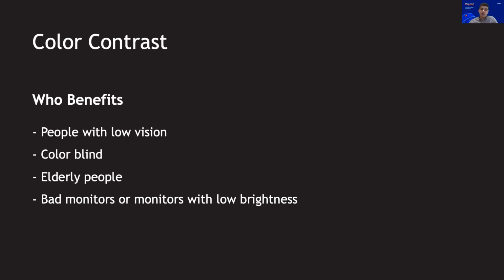It helps elderly people, who usually face age-related vision degradation, and also helps people who use a device with low brightness, when they use their phones in bright sunlight. All of us actually face those situations quite often, right?